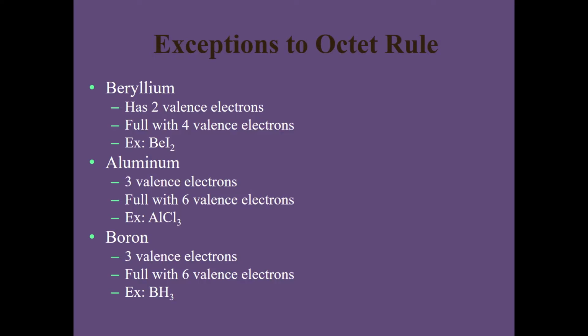So I wanted to go over these octet rule sections. Whenever you're doing the NAS method, you need to count boron as needing 6 full valence electrons, aluminum as being 6, and beryllium as having 4. Hydrogen and helium only need 2.